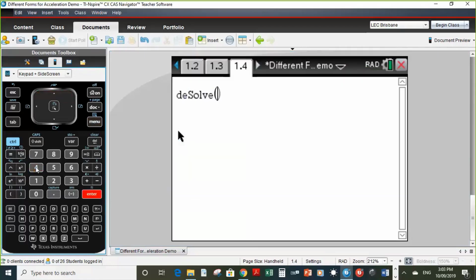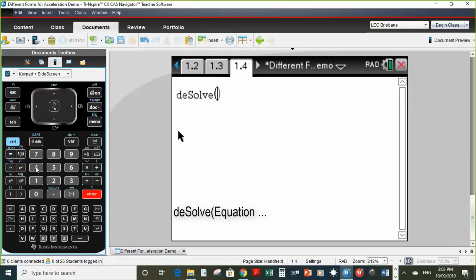Now, the syntax for this can be quite tricky, so it's well worth you noting this down, particularly if you intend to use the differential equation solver in your exam. Now, we had a equals 1 on 2v, and we understand that we need to use v dv/dx.